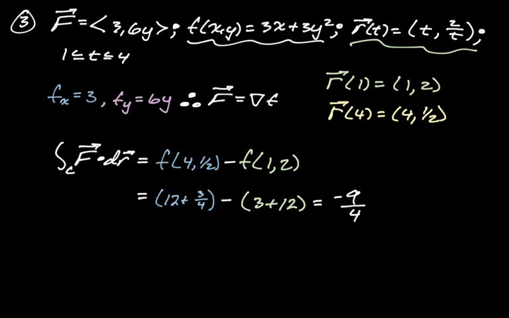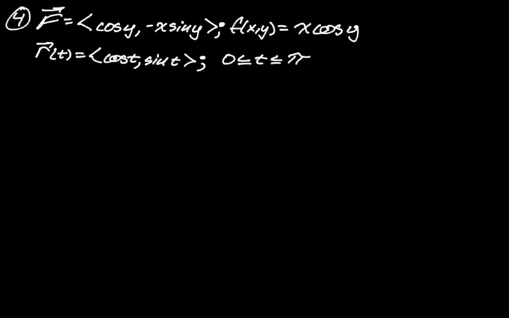All right, let's look at the next one. So F, our vector field, is cosine y, negative x sine y. Our potential function is x cosine y. Our path is cosine, sine, and we're going from 0 to pi. We've got to confirm that our vector field is in fact the gradient of our potential function, so we'll find partial x, partial y.